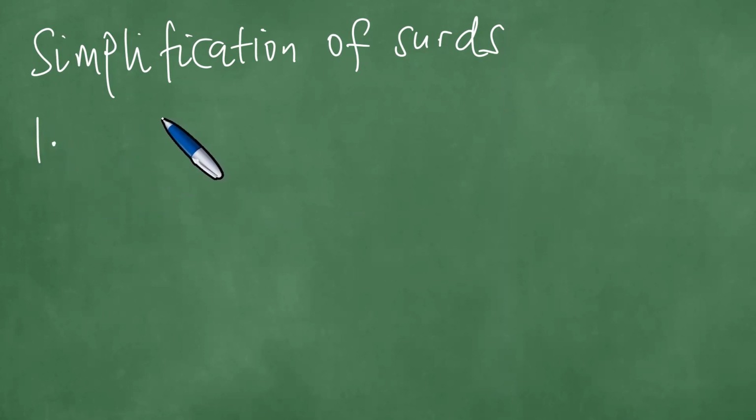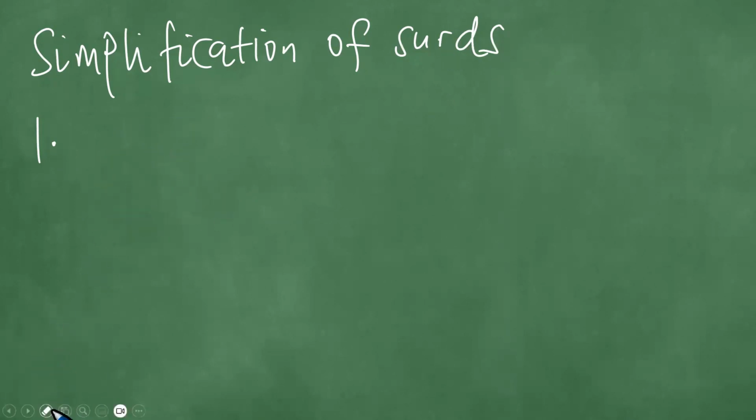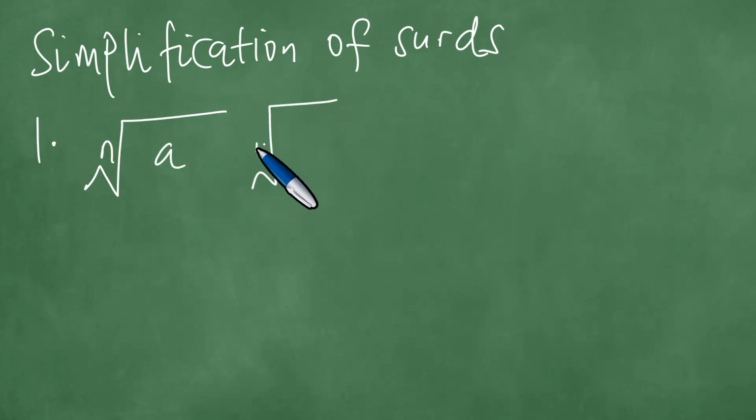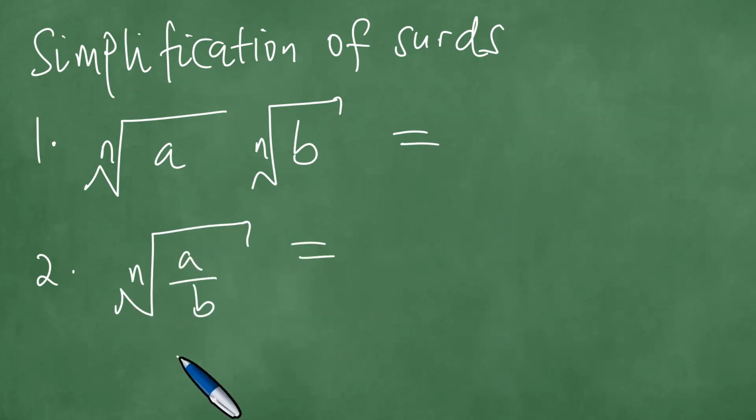If you have the nth root of a times the nth root of b, what is this equal to? Number 2, if you have the nth root of a over b, this is equal to what?